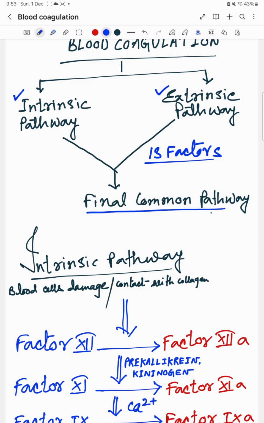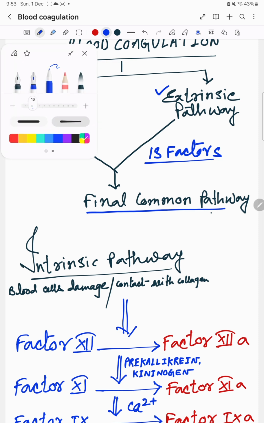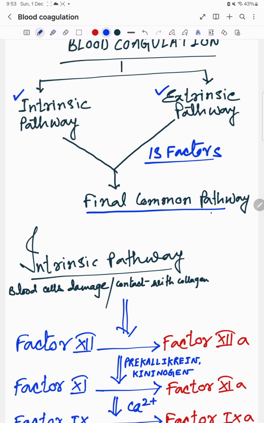Okay, and there are the names of the factors. So firstly we will see the intrinsic pathway, and I would like to show a trick to remember these two pathways. This is not a complicated pathway. Many times many students think that this is a very complex pathway, but it's very simple.